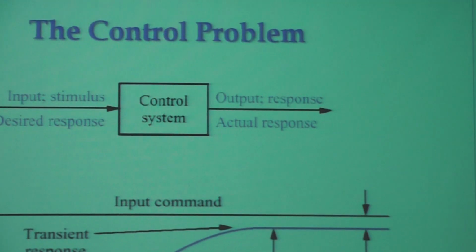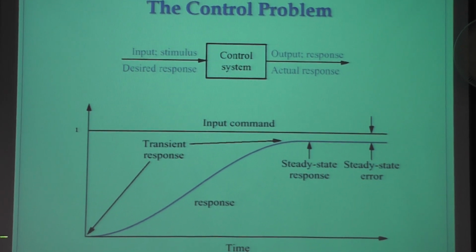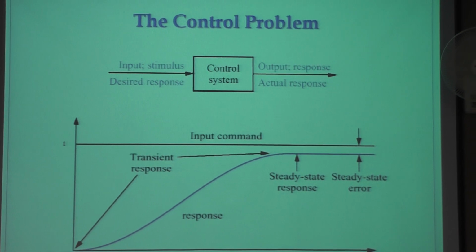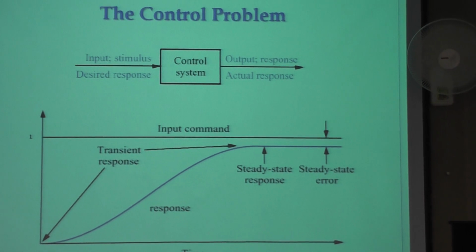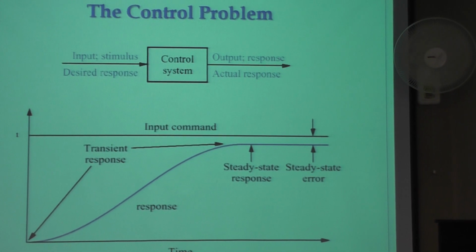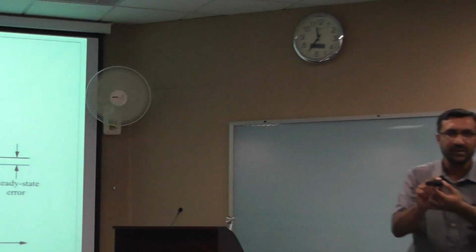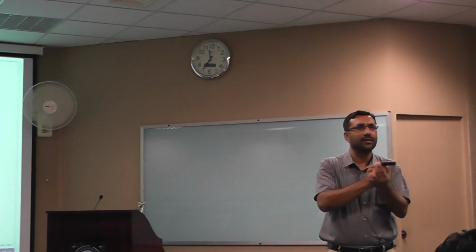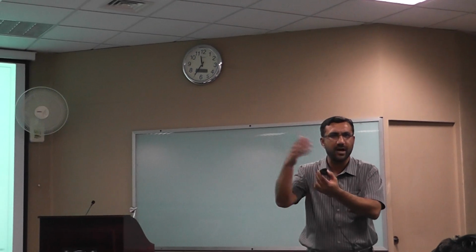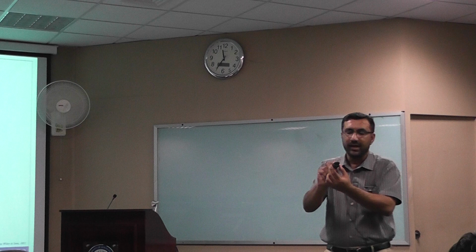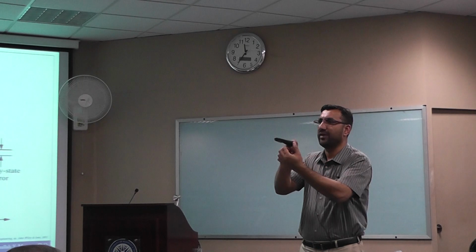If I want the system to reach the input as quickly as possible, I would accept that it may overshoot, and that's fine. A typical example is a gun. When I'm on a board ship, or in an aircraft, the gun is supposed to go and fire in a certain direction. When I'm giving the gun a signal to go to a certain bearing, computed by the radar, or an autonomous thing or whatever, the first thing I would like before firing is that the gun moves there as quickly as possible.